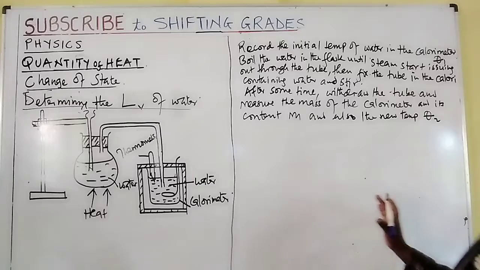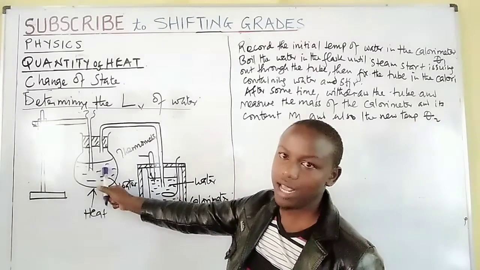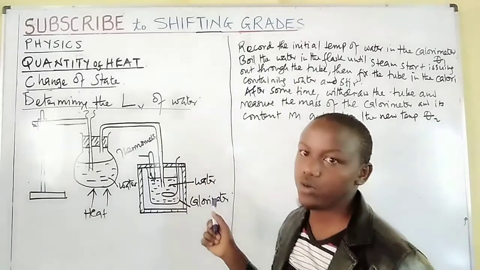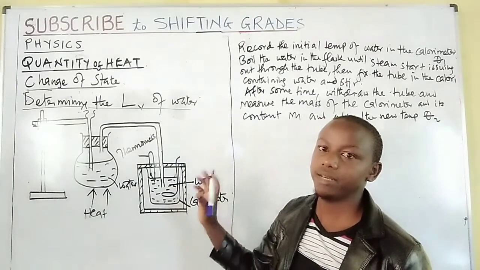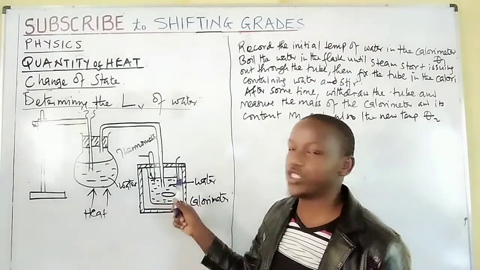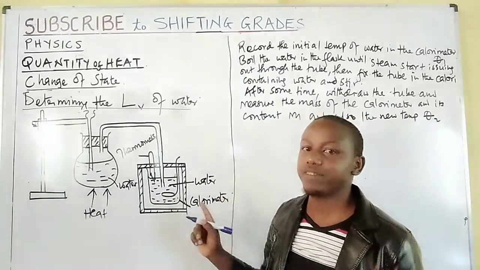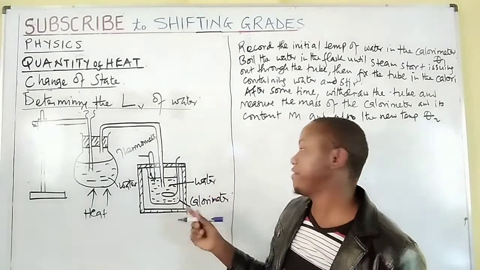So basically what is happening here, steam is getting generated here. It's directed into the calorimeter, which has some water. Therefore, the steam now has to lose energy. Remember, steam is generated at 100 degrees.